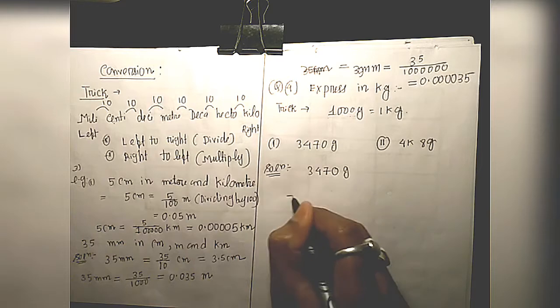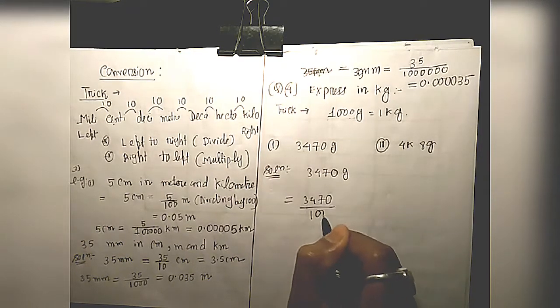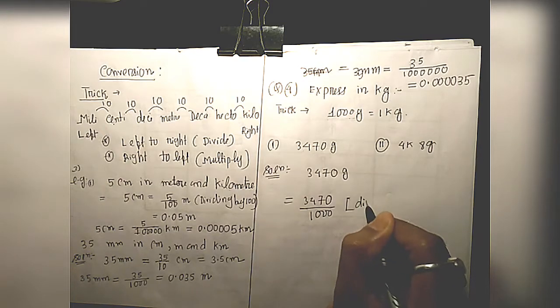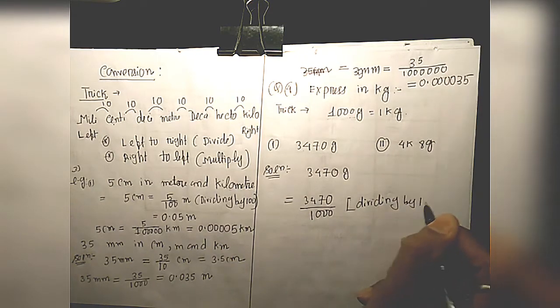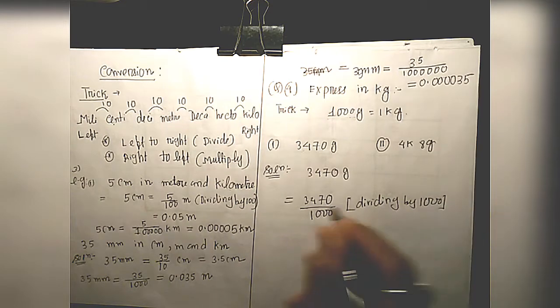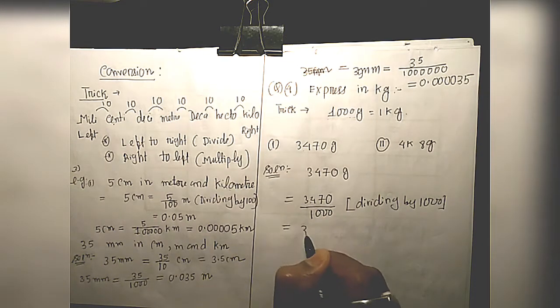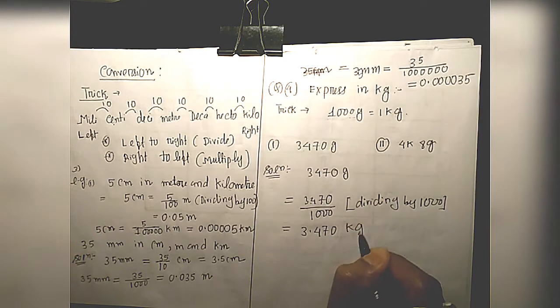So 3470 gram divided by 1000. When you convert from gram to kg, we should divide by 1000. So 3470 by 1000 equals 3.470 kg.